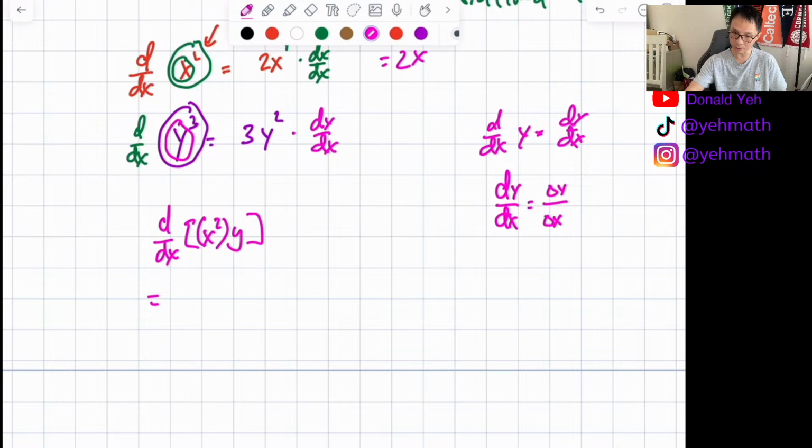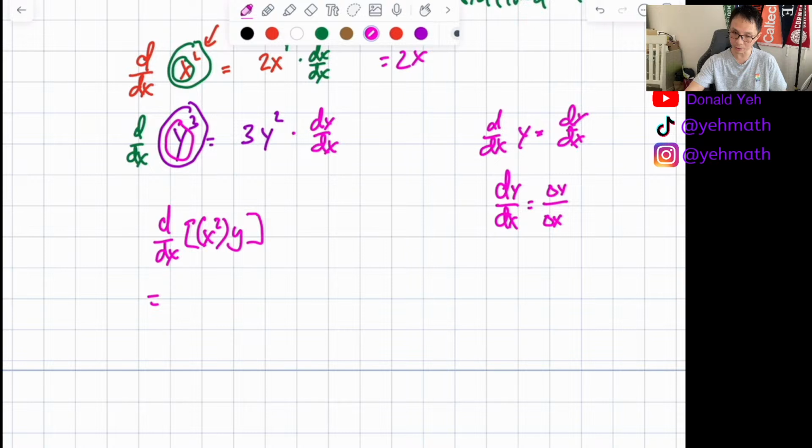So it's lefty right, righty left. If I take a derivative of the x squared, it's going to give you 2x, but I'm going to leave your y alone. And also plus, it's two functions, x squared times y, right? So let me show you that here and here.